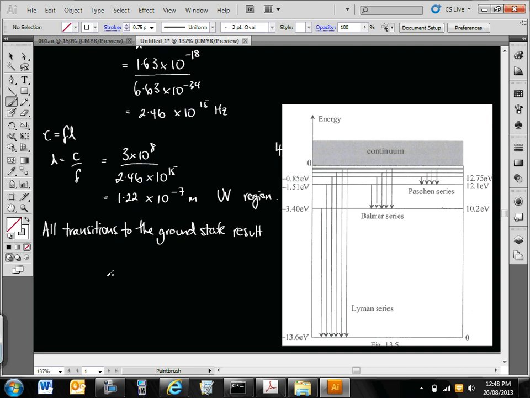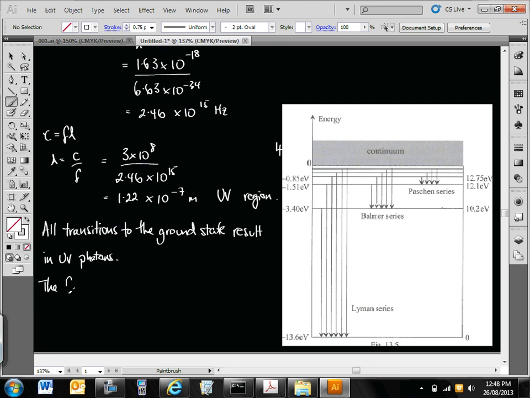Hydrogen only. I'll say something about the ground state as well in a second, because we have to clarify that a little bit too.